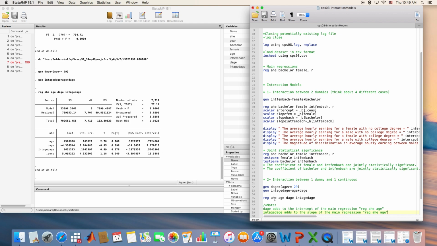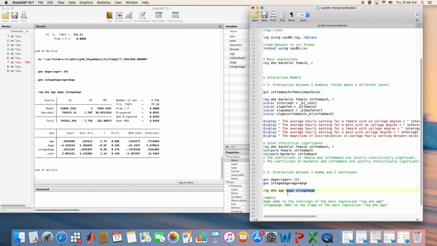So this is basically telling us there is no need to add these two, right? Because adding dh to the model would not provide a statistically significant addition to the intercept, and would also not provide any statistically significant addition to the slope. So there is no reason actually to add them.